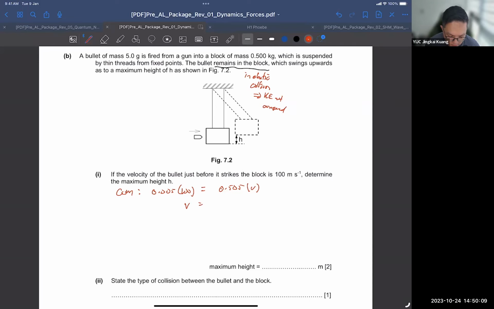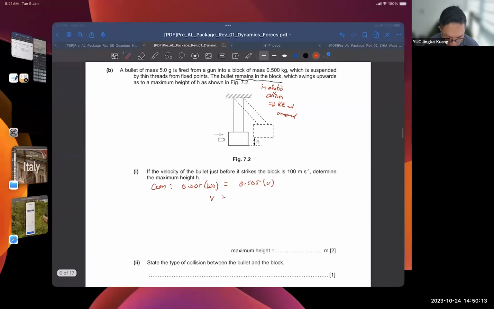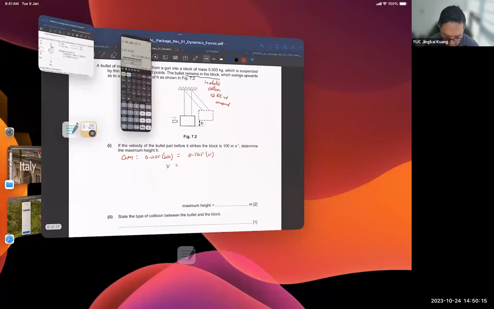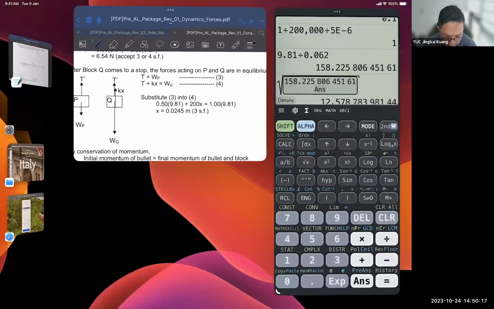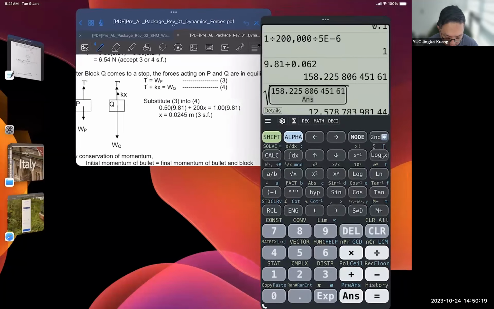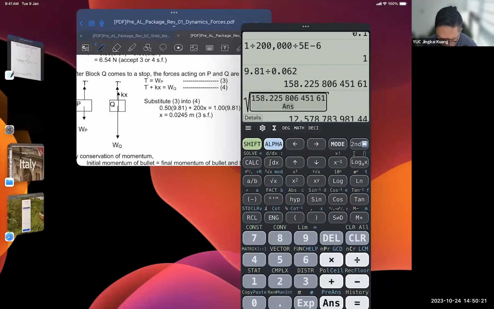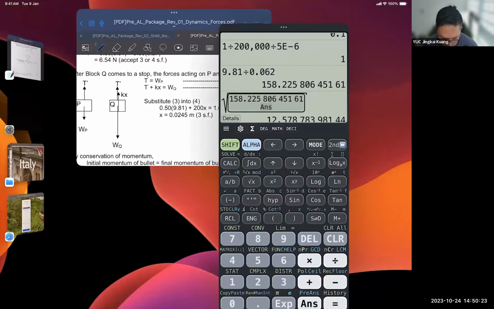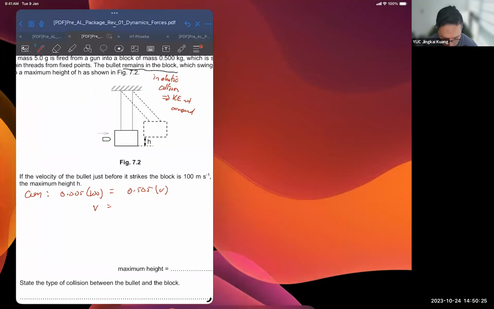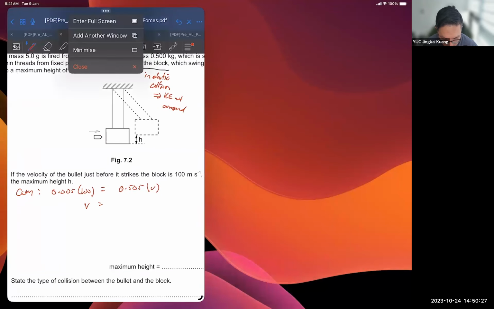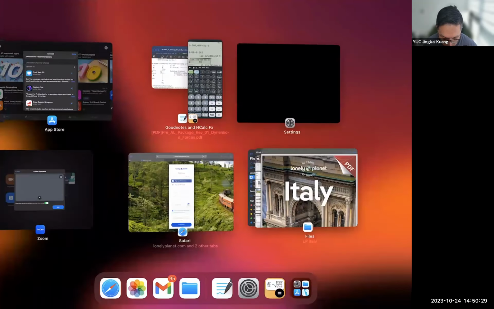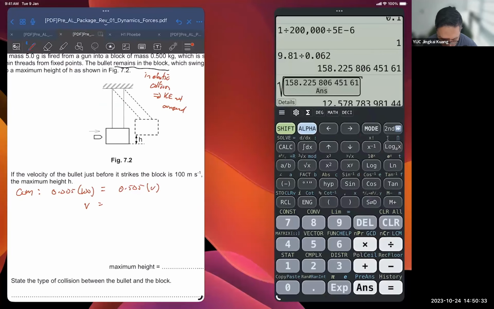So how to find V? I'm going to put my calculator alongside. Can I do that? Okay, scrolling down a bit, and another window, calculator. Okay, like that.